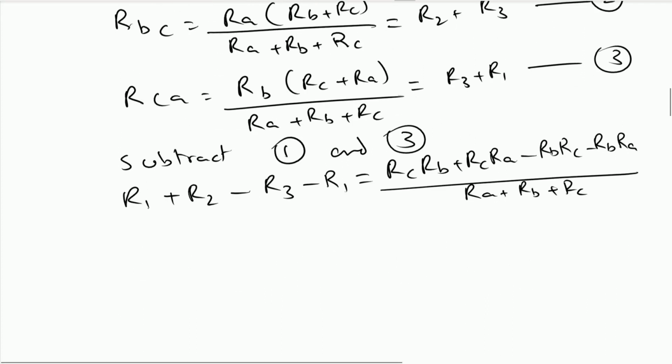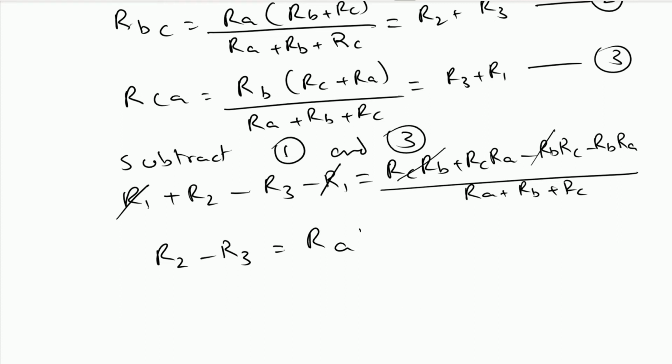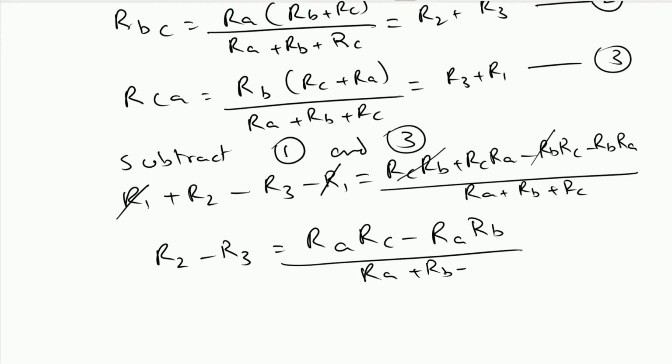And in turn I will get R2 minus R3 is equal to, in here we have RC RB and this is also RB RC, so these two will cancel out. So I will get only RA RC minus RA RB divided by the sum of the resistances RA plus RB plus RC. Right. Let us say this is equation number 4.